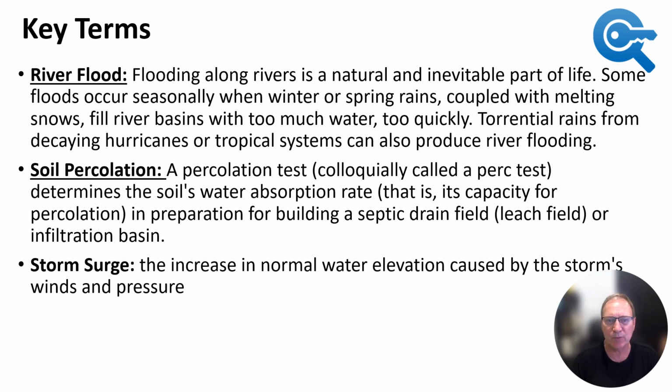The reason we do percolation tests, though, or perk tests, in areas other than where we need a septic tank, it's also important to know what type of absorption does occur or doesn't occur in certain parts of the city, as an example.